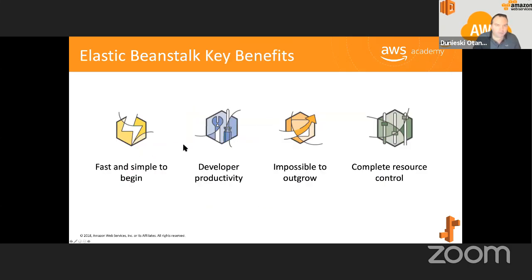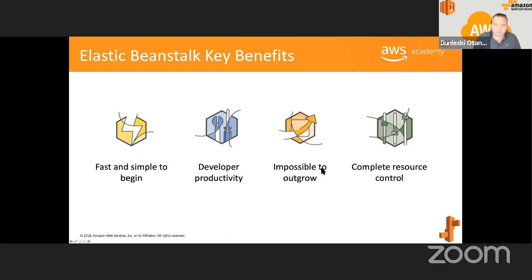The key benefits of this are: fast and simple to begin. Upload the code, and that's it. Developer productivity. Developers can work better with Elastic Beanstalk. You can have more control of this. It's impossible to outgrow. Why? Because it scales automatically. It's highly scalable. It's highly available. There's nothing that can beat Elastic Beanstalk. If you need 25 EC2 instances, it will create them for you.